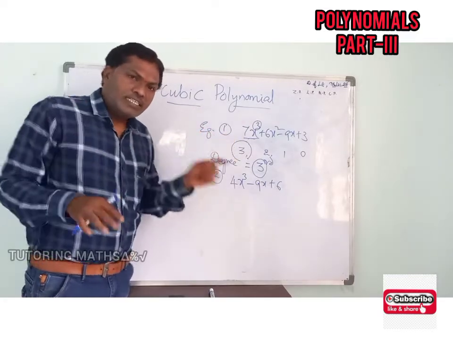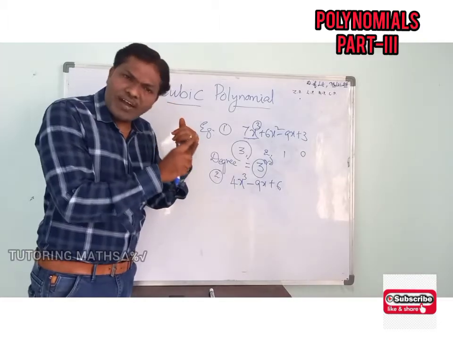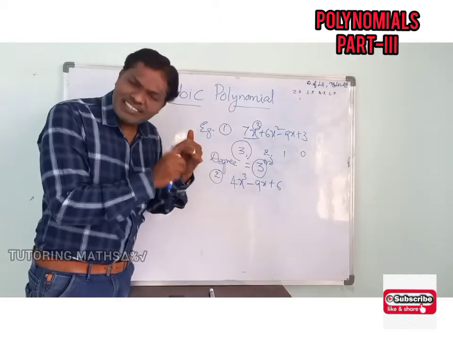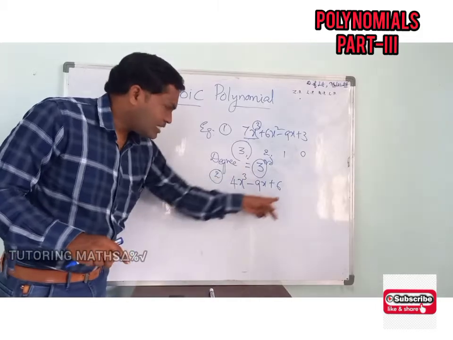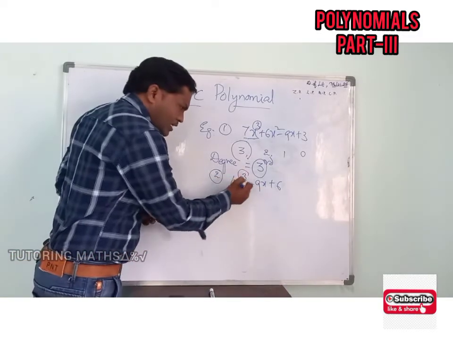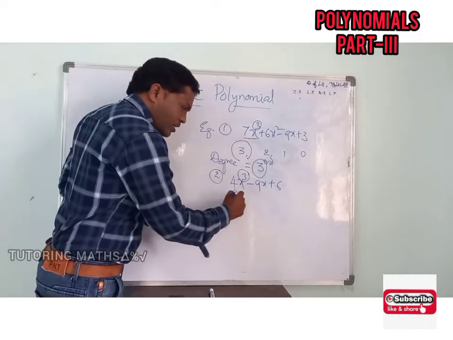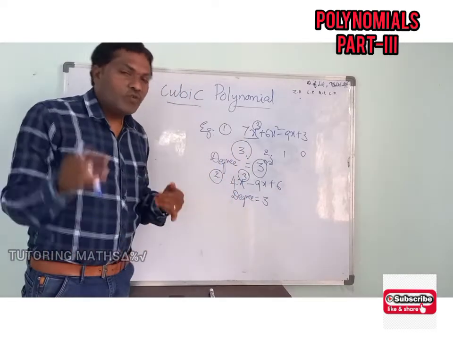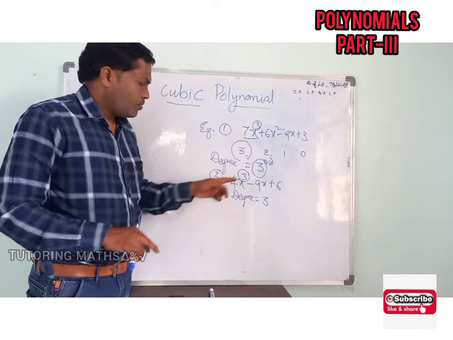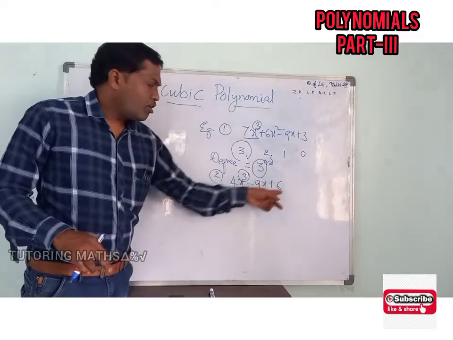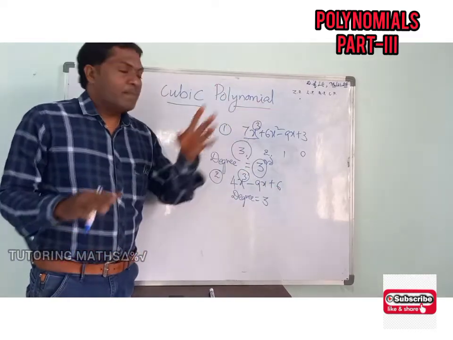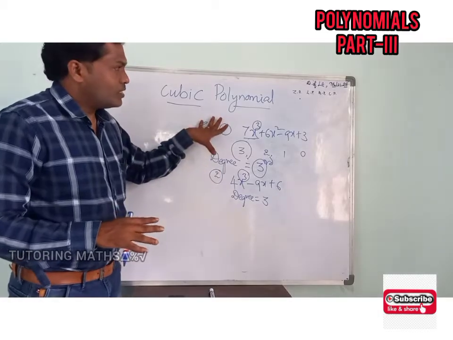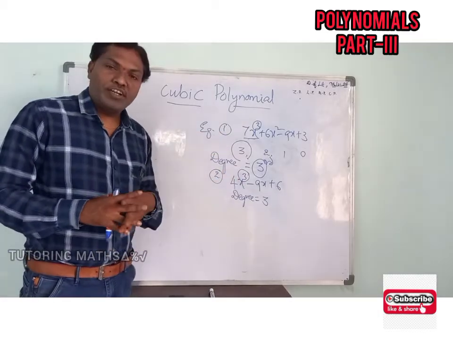No need, just find the highest exponent. Here, what is the highest exponent? Naturally, 3 is the highest exponent. Therefore, the degree is 3. So finally, you can say that a third degree polynomial is called a cubic polynomial.